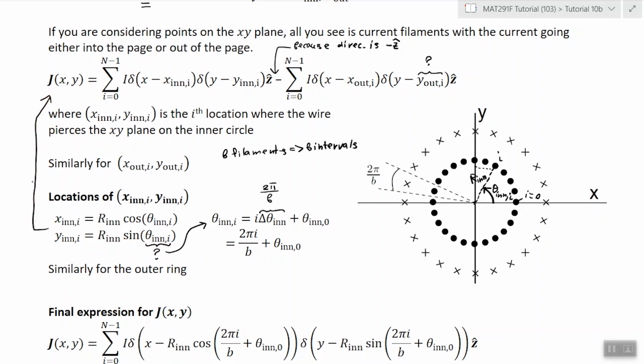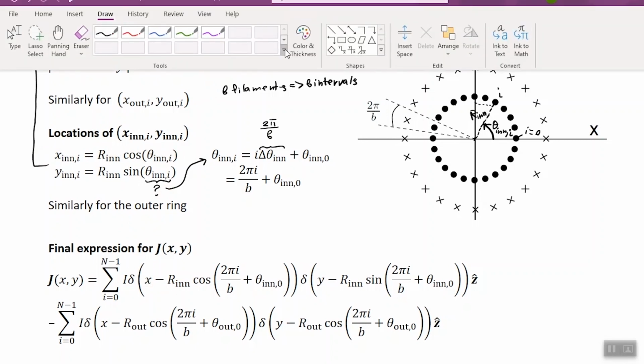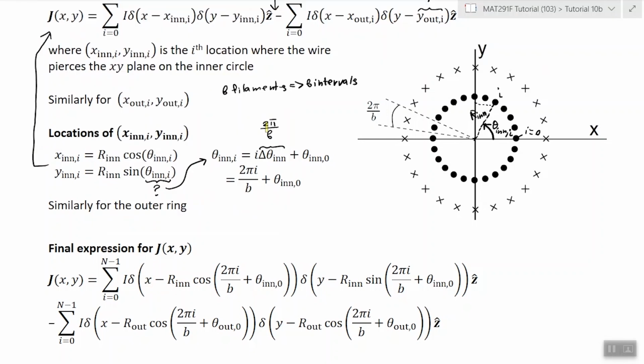And this gives us the final result. You see this thing I copied over here, and I plugged in the x coordinate. Let me actually highlight it. I think it's easier. So this x inner is here, and I've plugged it in over here.